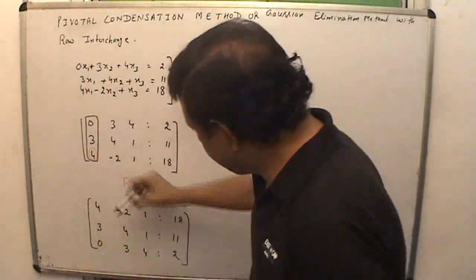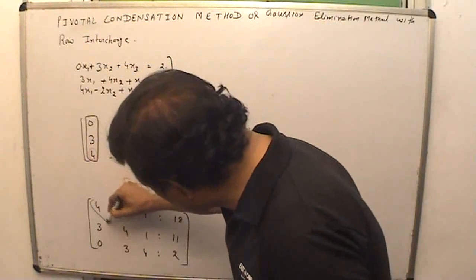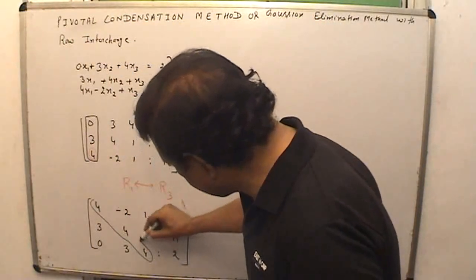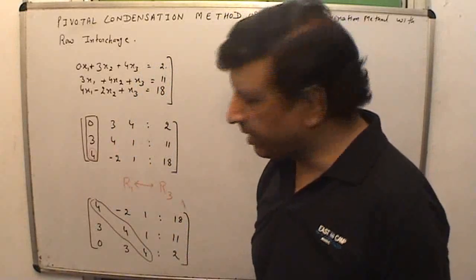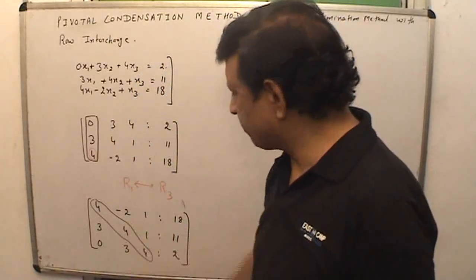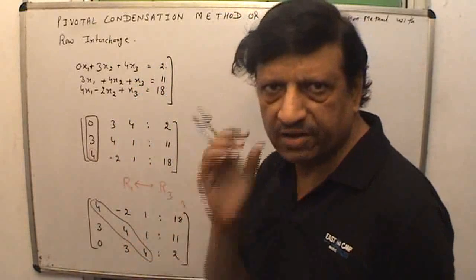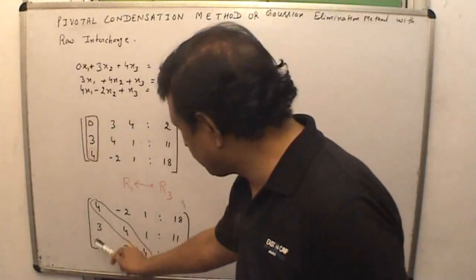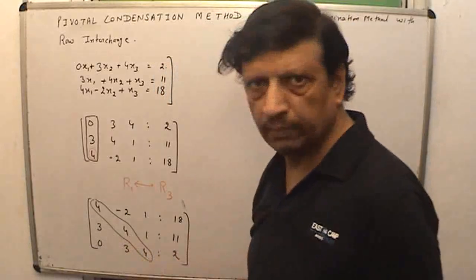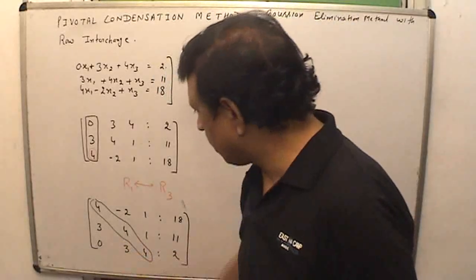Now we see it is a triangular matrix, and these are the diagonal elements. Our main objective is to convert this matrix into triangular form. We shall convert these 3 elements into 0. 1 is already 0.